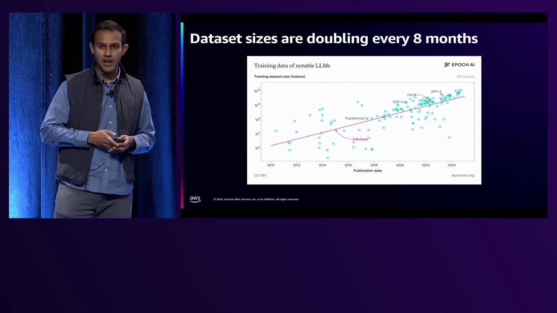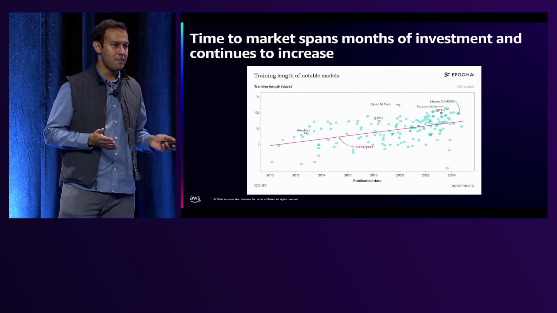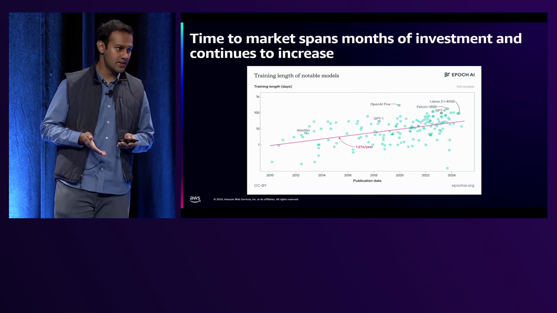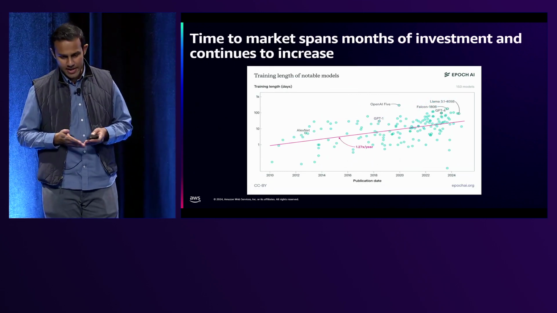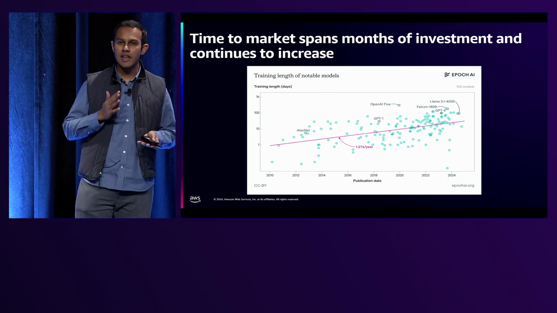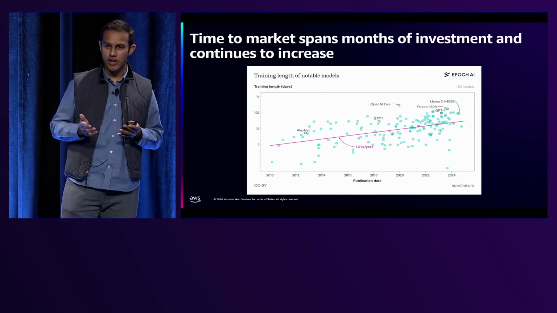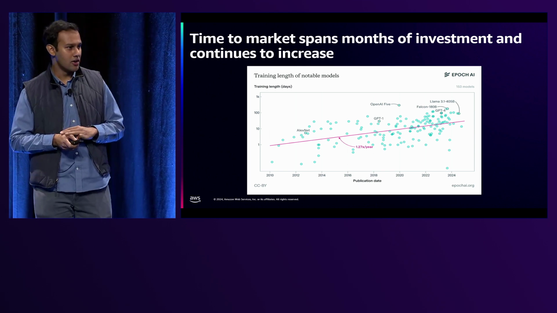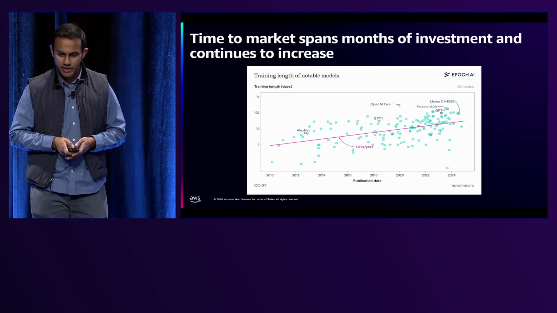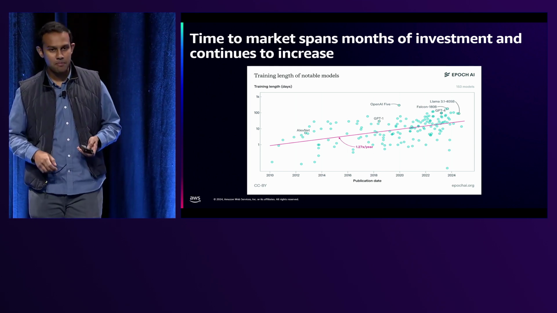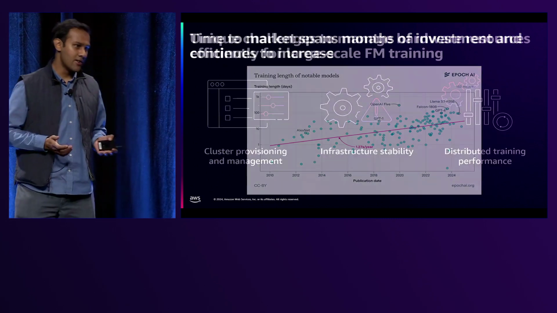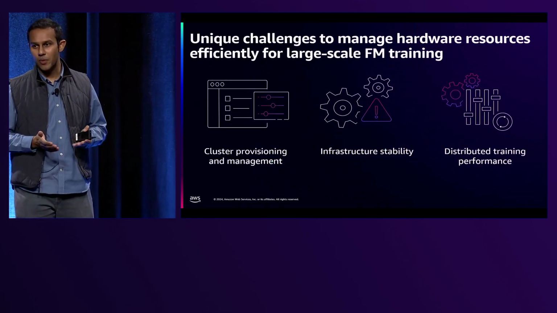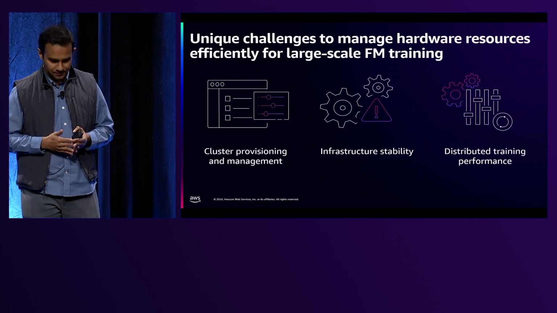Putting this together, it means that the time it takes to market will also increase, and what we've been seeing is that it roughly increases year over year. So you've got larger models, more data, and a longer time to train. Putting this together, it means that there are unique challenges when it comes to foundational model training.